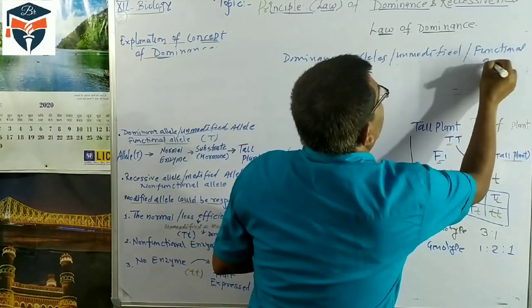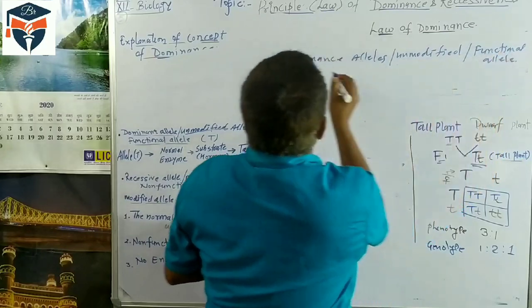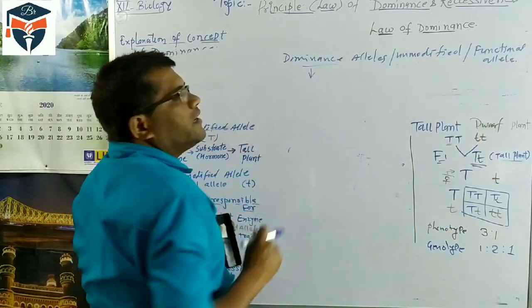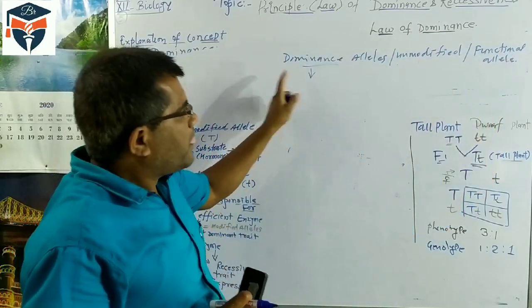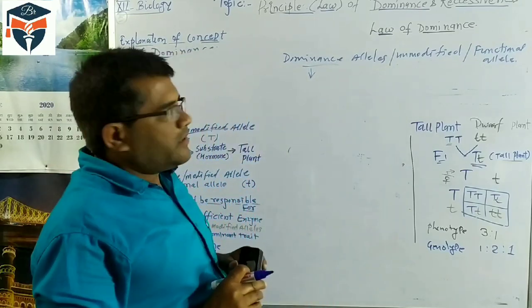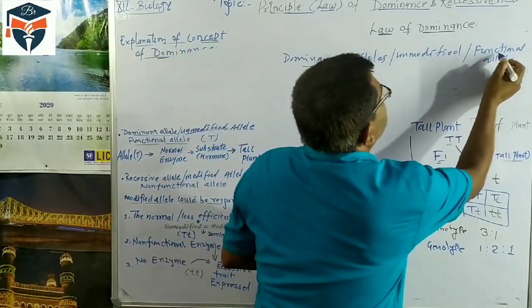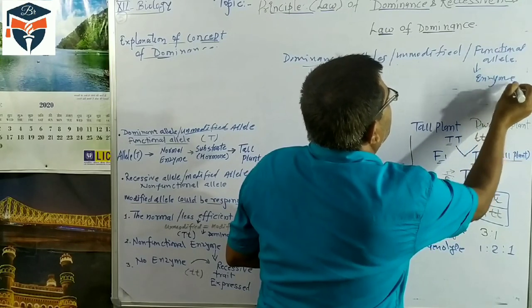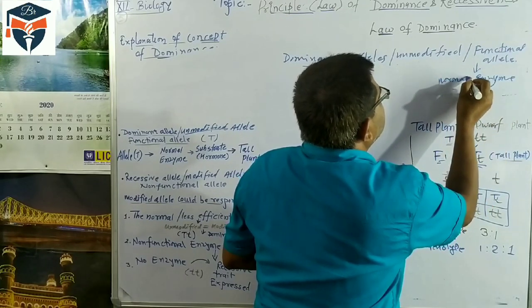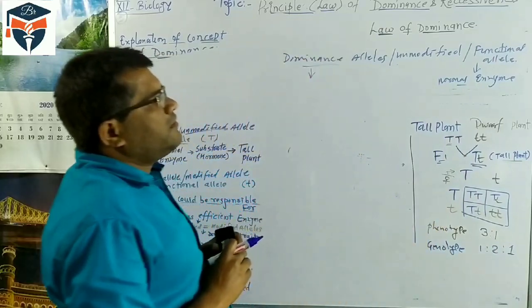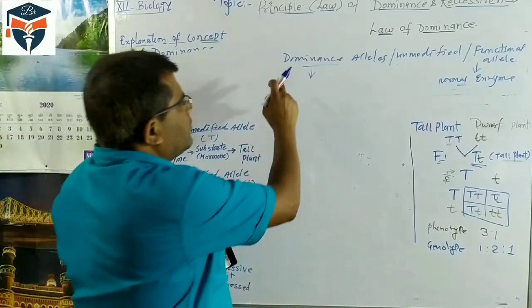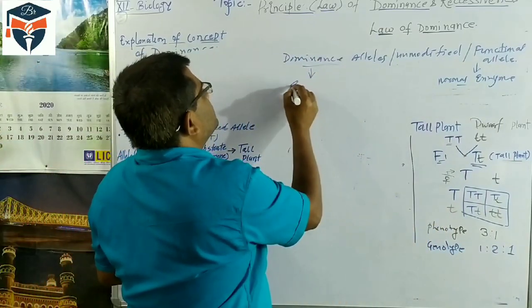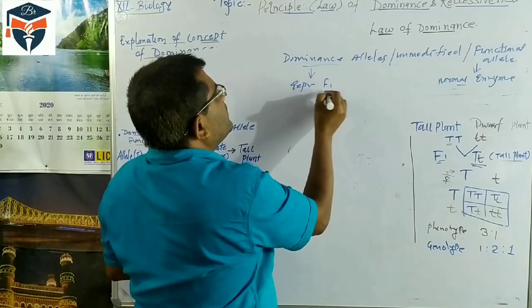Either you say functional allele or you say dominant allele; the dominant allele means the allele expressed in the F1 generation. Unmodified we will discuss later. First, functional allele: this allele synthesizes the normal enzyme. If an allele synthesizes the normal enzyme, that is called the functional allele. The dominant allele, as I told you, is expressed in the F1 progeny.